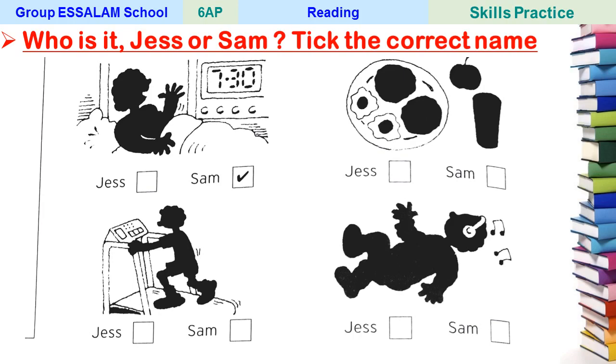Is it Sam or Jess? Picture number 2, Jess or Sam? Picture number 3, Jess or Sam? And picture number 4, is it Jess or Sam? So try to tick the correct name, okay?